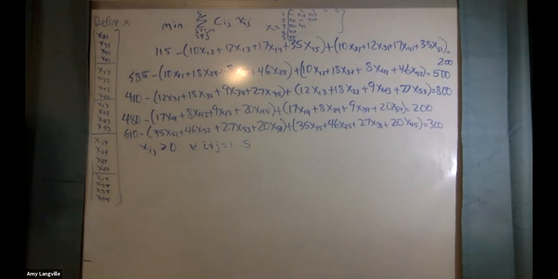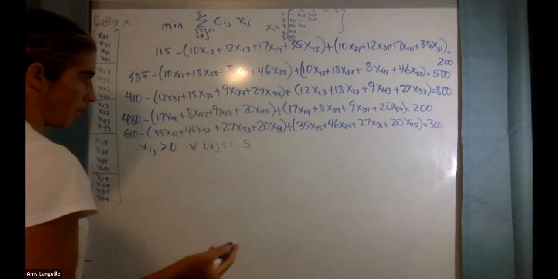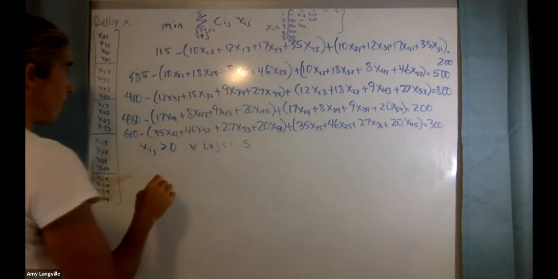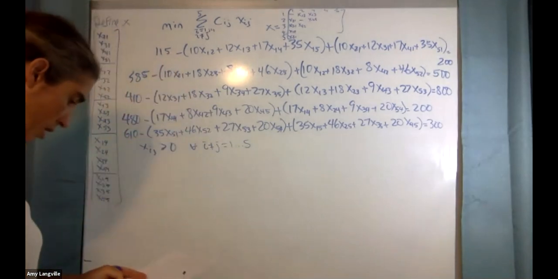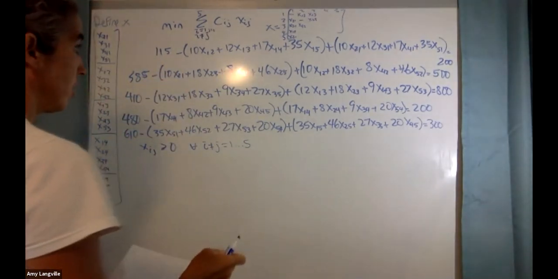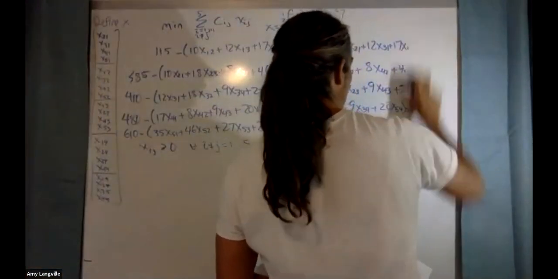And now when I'm pulling off the C, that becomes F, usually what we call it in MATLAB. The F vector will be the columns in that C matrix.